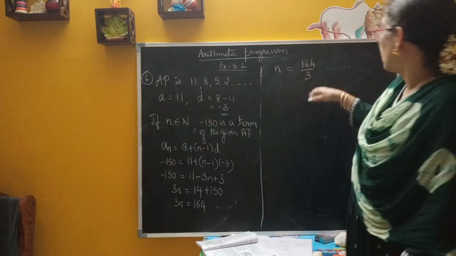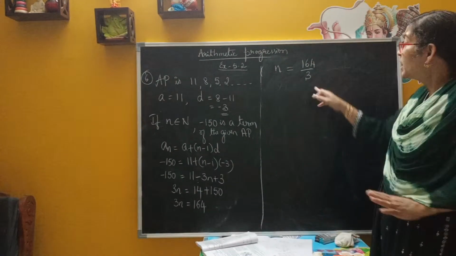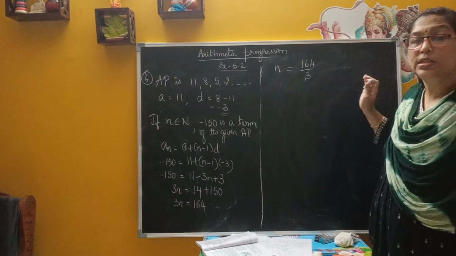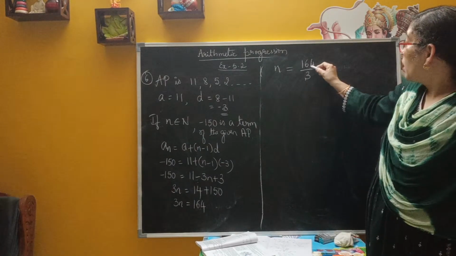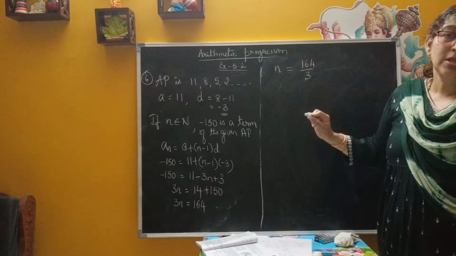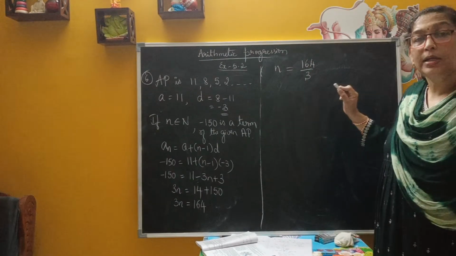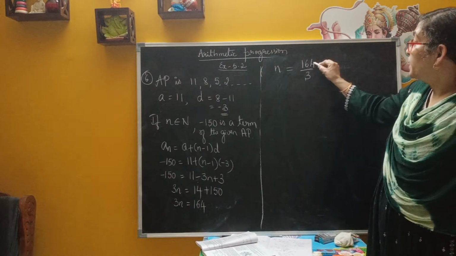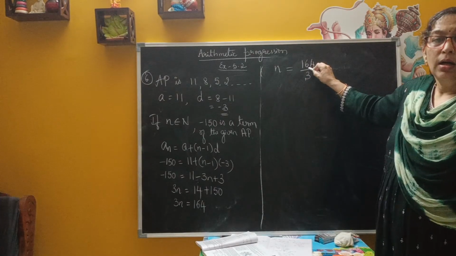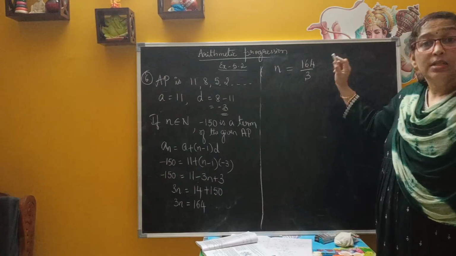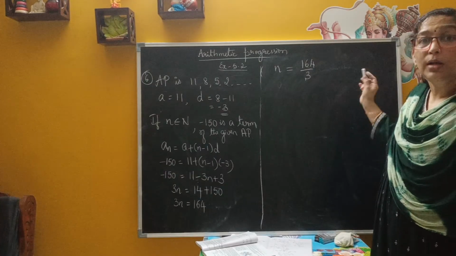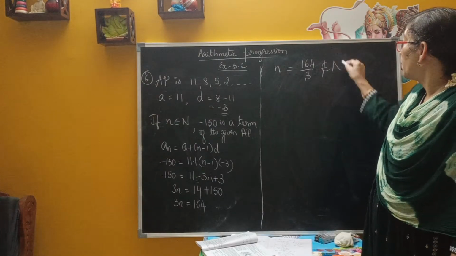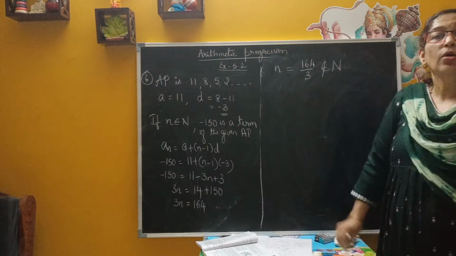Now, you need not find the fraction; just check first whether 164 is divisible by 3 or not. So how to check? You use the divisibility test. What is the divisibility test for 3? Add up all the digits in this number. 1 plus 6 plus 4 is 11. Is 11 a multiple of 3? No, 11 is not a multiple of 3. So 164 is not divisible by 3.